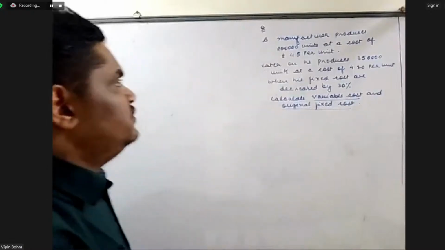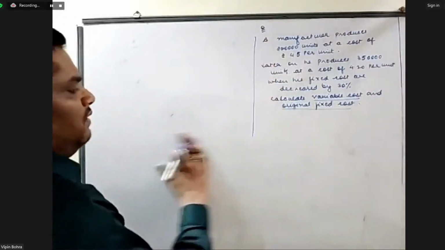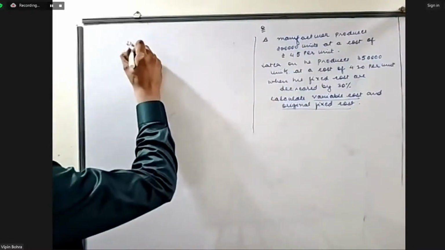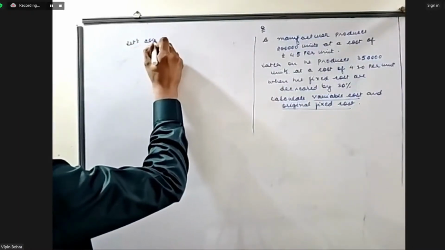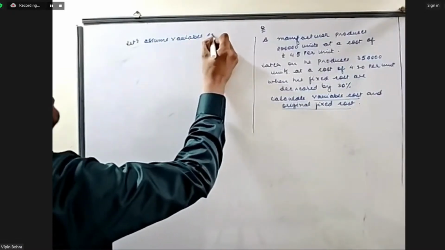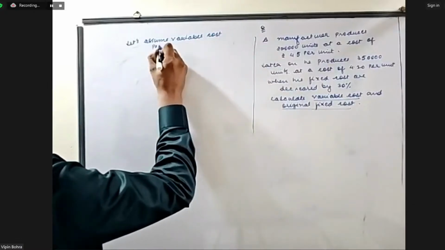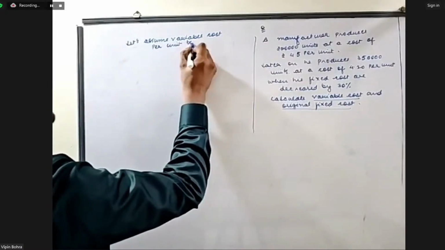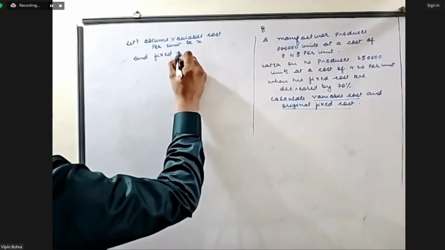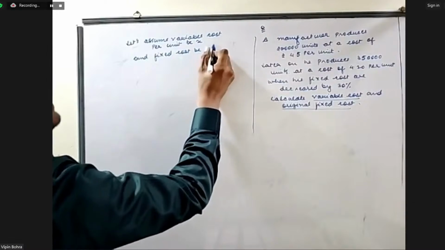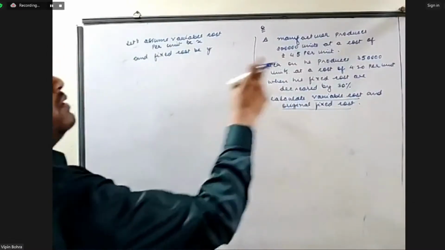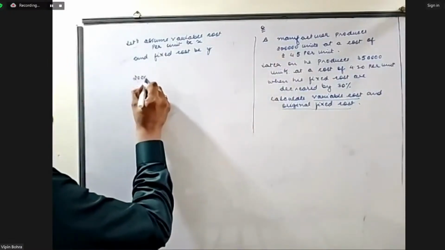So let's start with the solution. It's a very easy and a very basic question. Let's assume variable cost per unit be X and fixed cost be Y. So in the first case, the total units manufactured are 2 lakh.